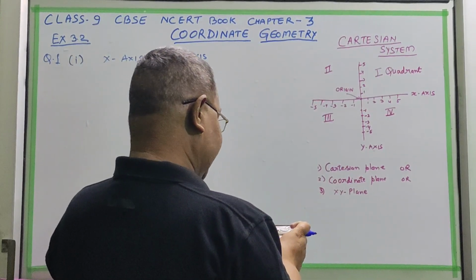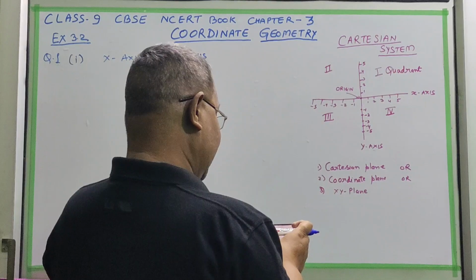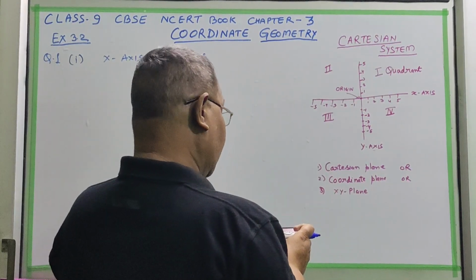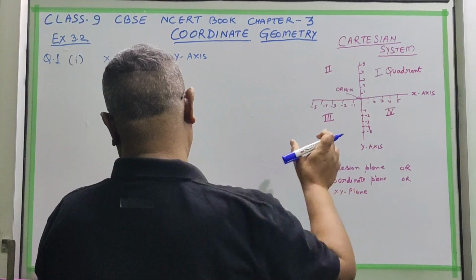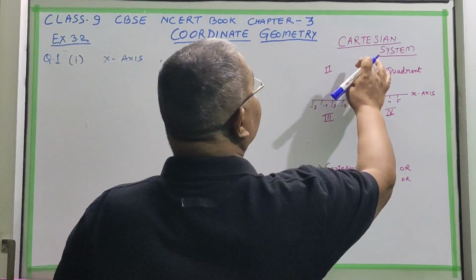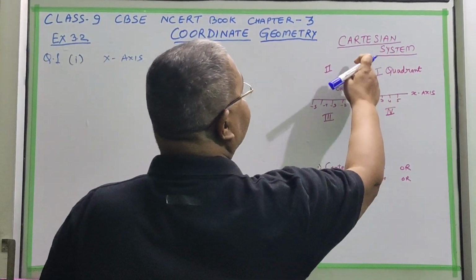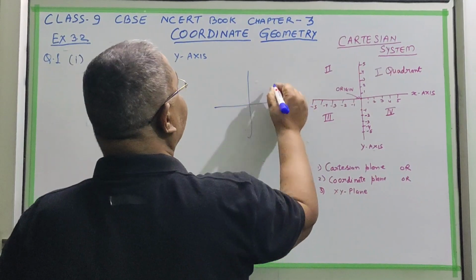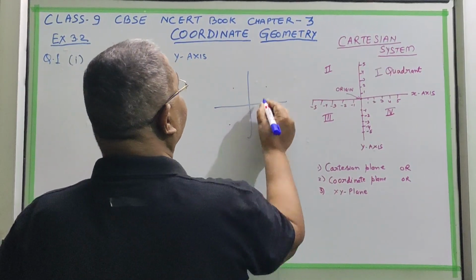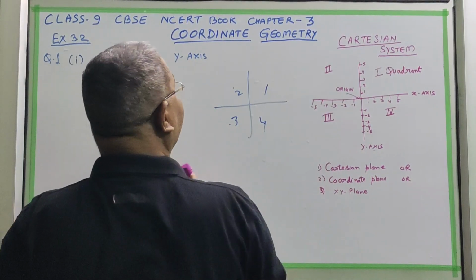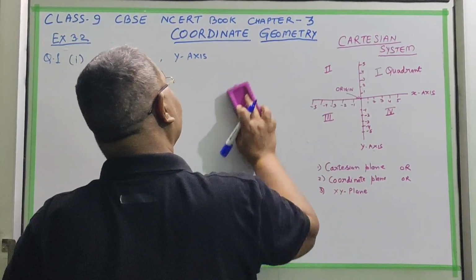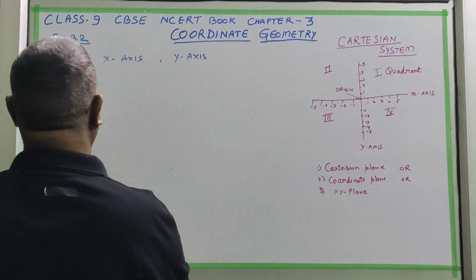Sub question 2: What is the name of each part of the plane formed by these two lines? These two lines, the x and y lines, what is the name of each part? You see, it has 4 parts: 1, 2, 3 and 4.